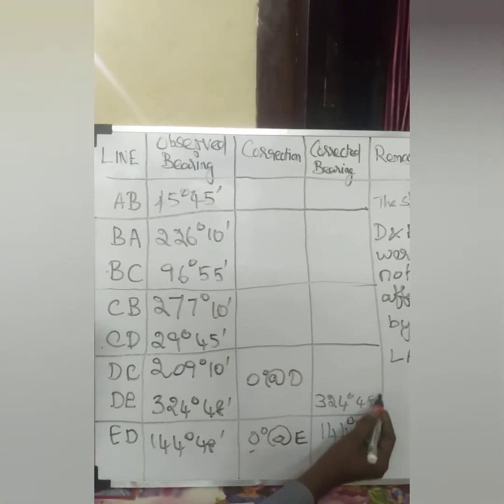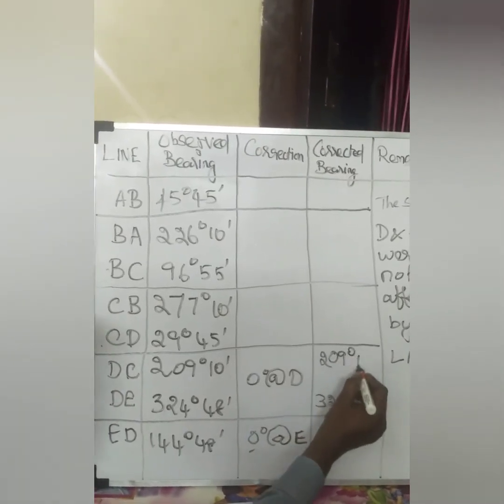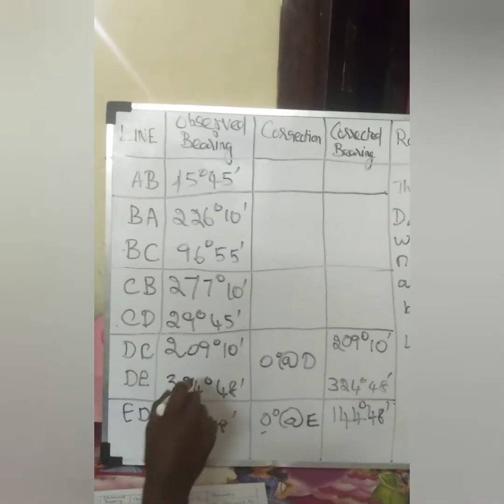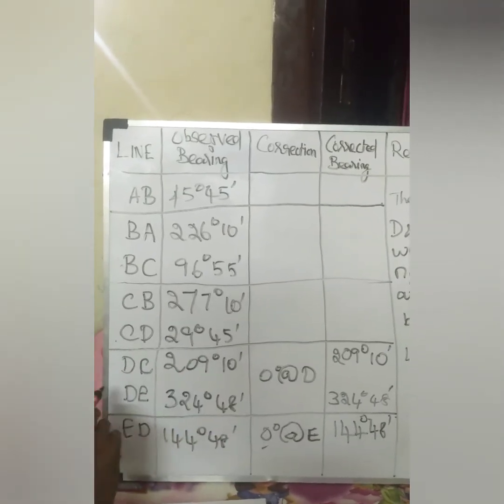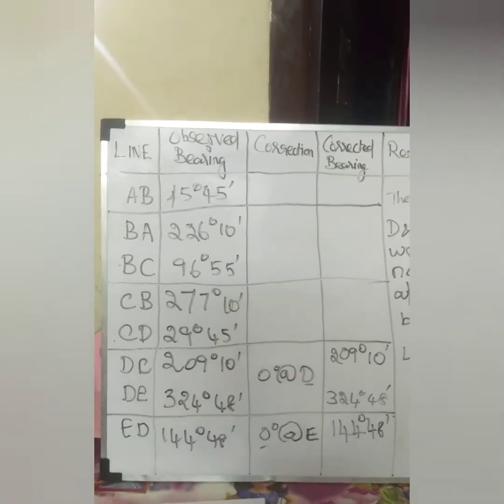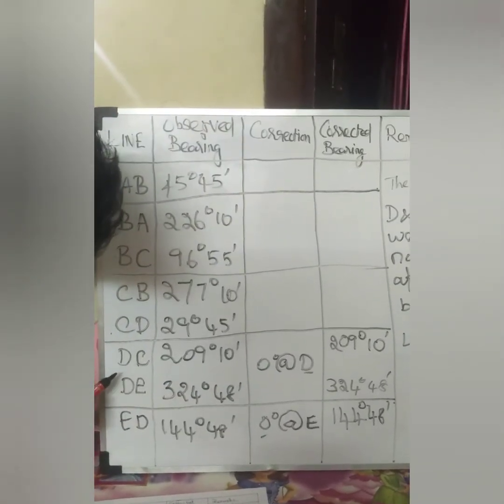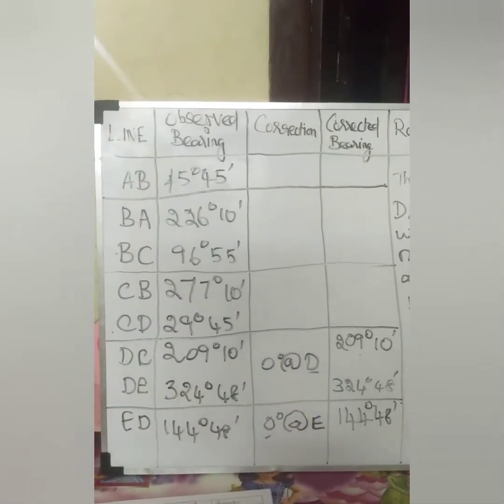48 minutes, 209 degree 10 minutes. The two bearings DC and DE are observed at station D only, so we can write the corrected bearing here also, 0 degree at station D. The back bearing of CD is observed from station D, so the corrected bearing is the same here.